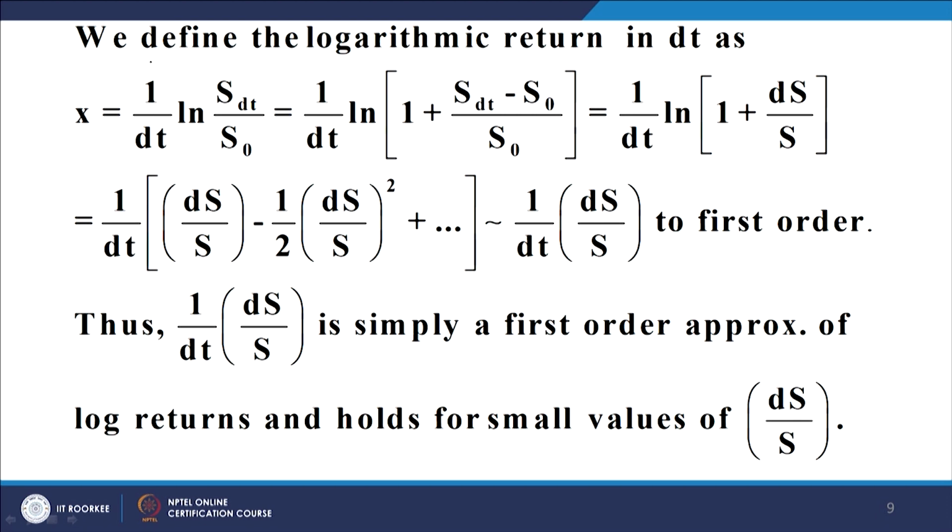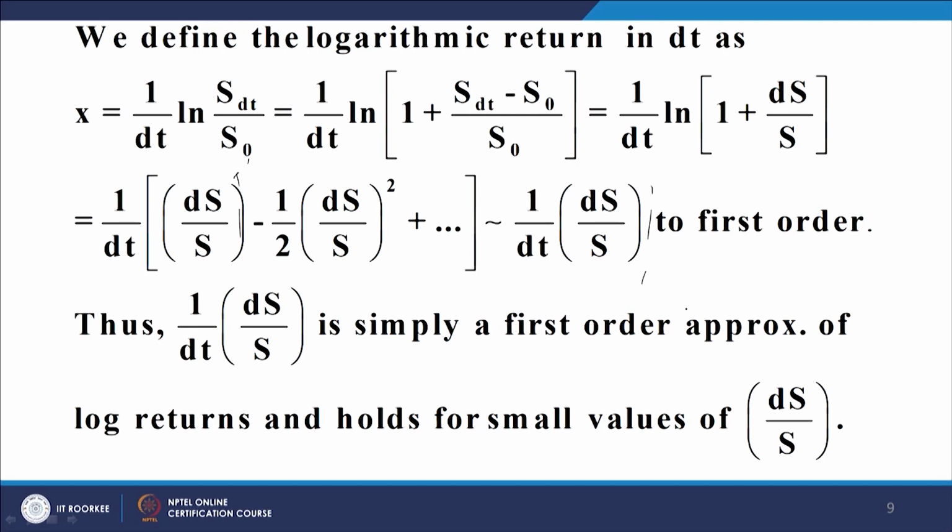If you truncate it at this point, you get simply the model that we used in the infinitesimal case. Therefore, the infinitesimal case is the model when we approximate the logarithmic return by a first order Taylor expansion, and that can obviously be done only when this expression is small. So, that is the relation between the two models.